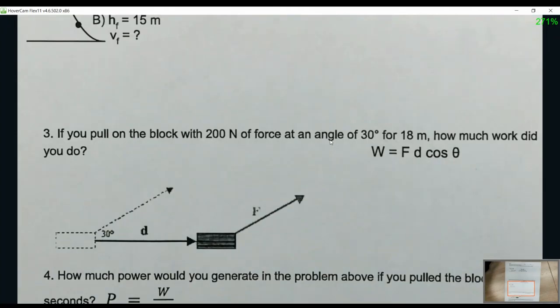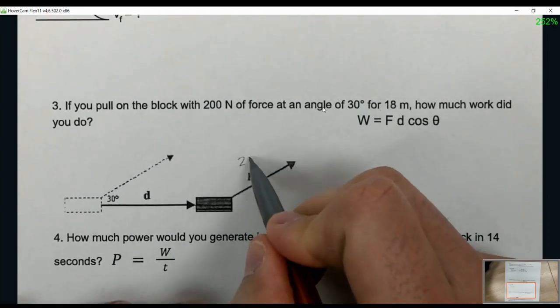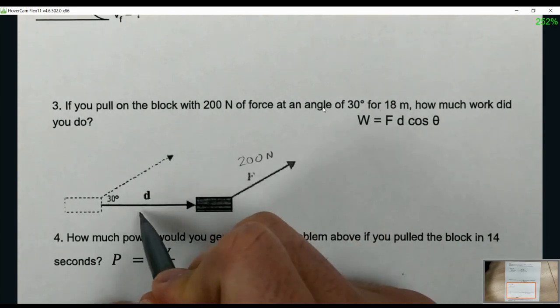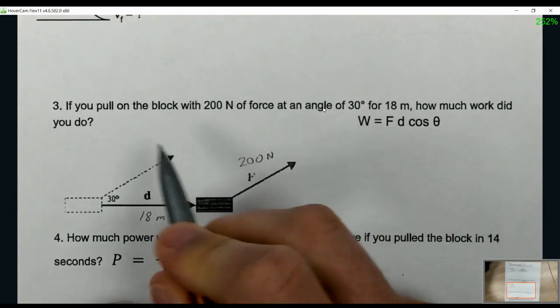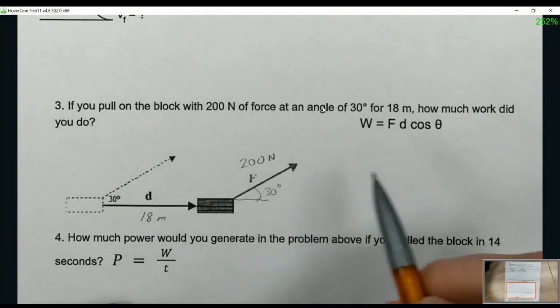Now, for here, you have a force of 200 newtons, and it is pulling the object a distance of 18 meters, but the force is at an angle of 30 degrees.